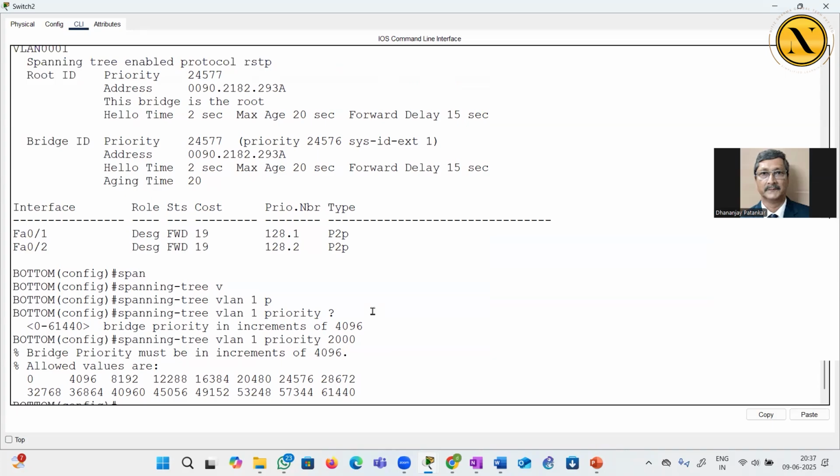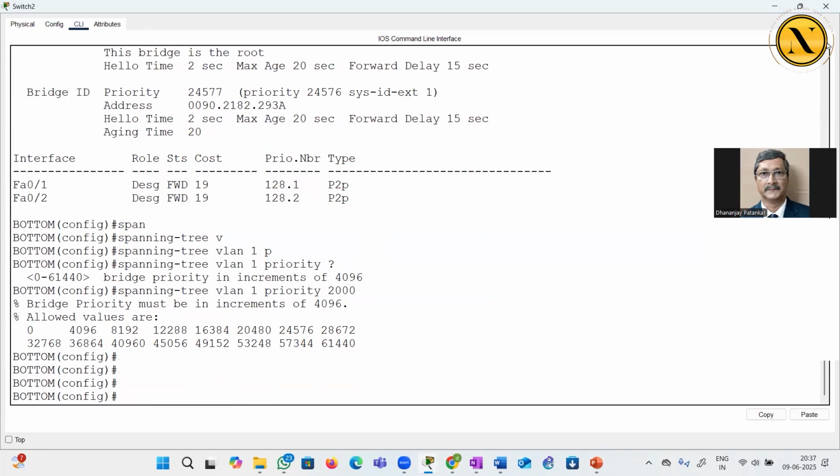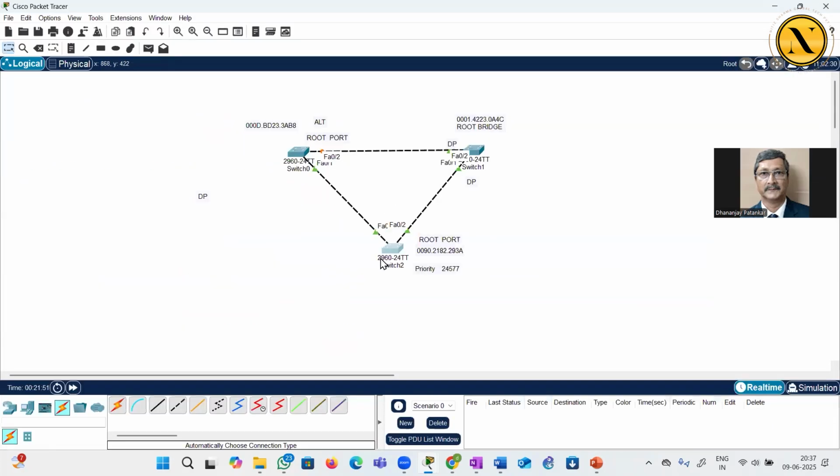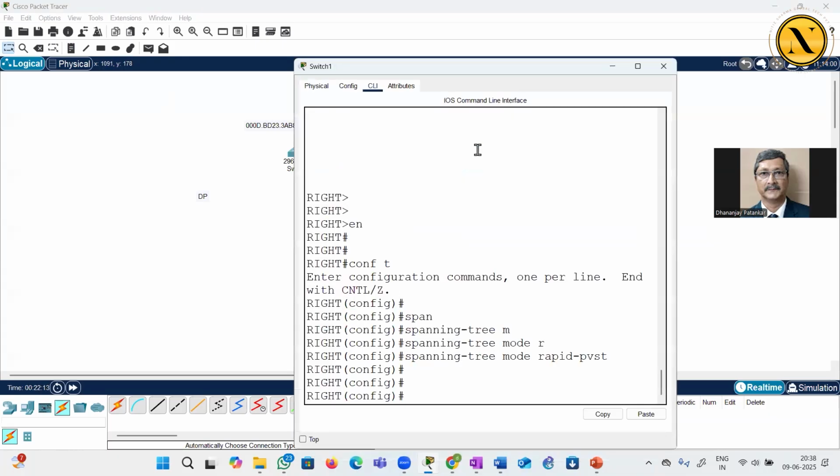Okay. Now if I make somebody else, this is the root bridge now, right? So I think I should delete this, and now I can type root bridge here, down below. This was VLAN 1. Earlier the top one was the root for VLAN 1. I want to make that one secondary.